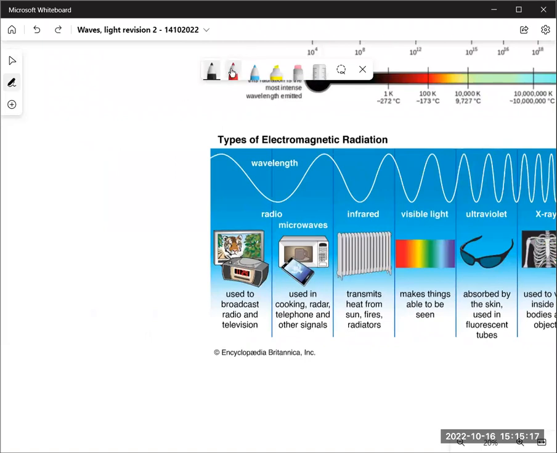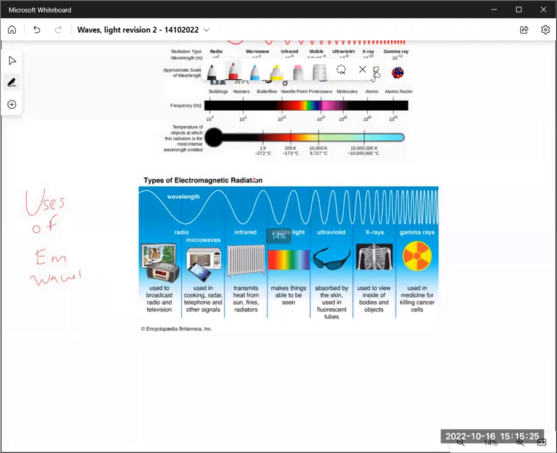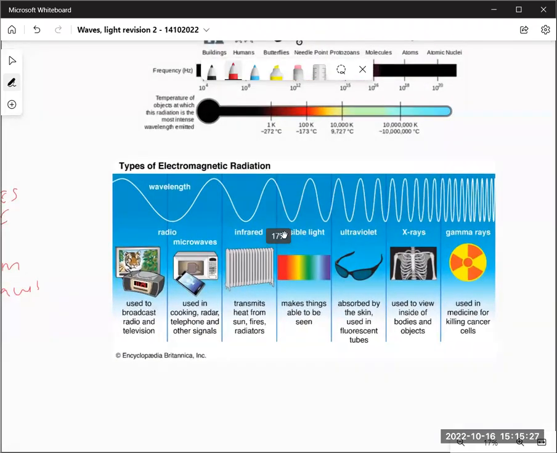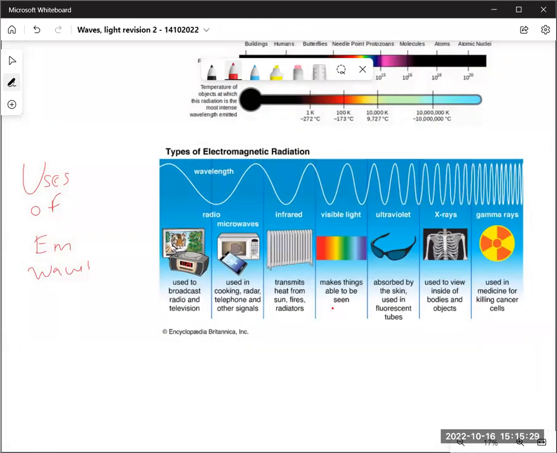Uses of EM waves. Any questions? Can you write it like types of electromagnetic radiation, and next to that in parentheses, write uses of EM waves?